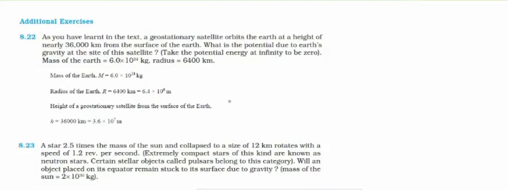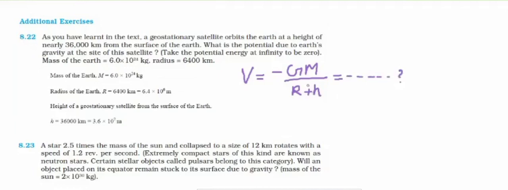Okay, so gravitational potential formula V is equal to minus GM divided by R plus H. Over here, M is mass of Earth. Gravitational potential at a height 36,000 kilometers is asked, so H we substitute as 36,000 kilometers, so that you can calculate directly the value of gravitational potential at that height.